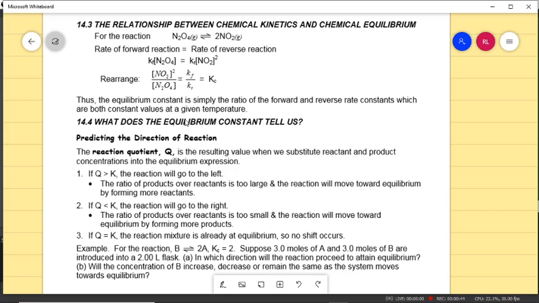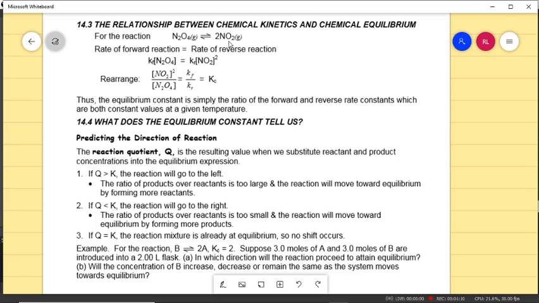Now, say for example, you want to know the direction of the reaction at a particular instance. So, for example, you have this reaction, the decomposition of dinitrogen tetroxide to nitrogen dioxide.